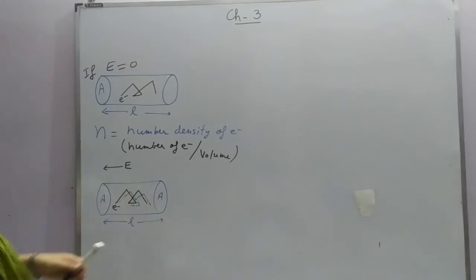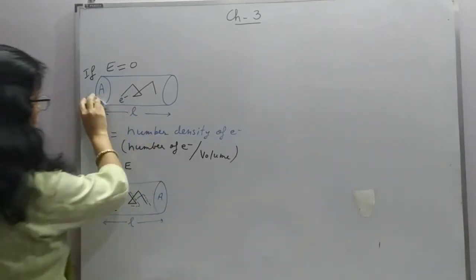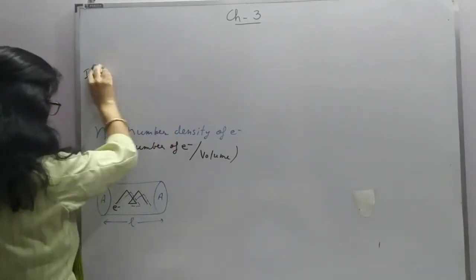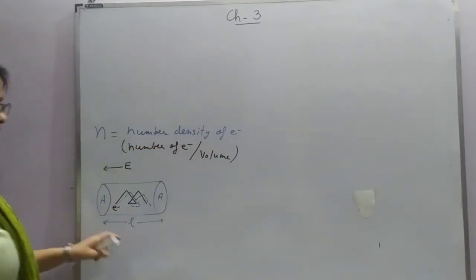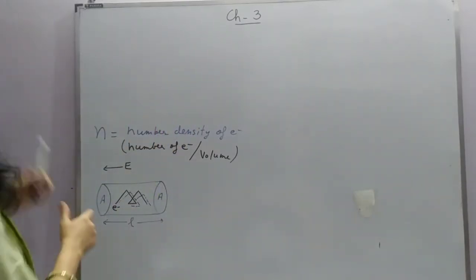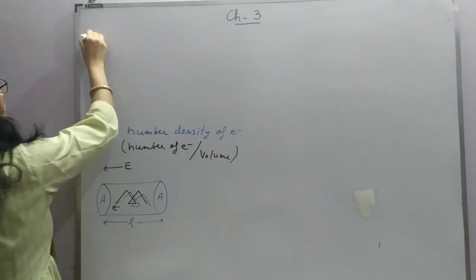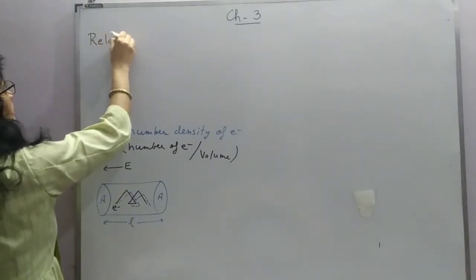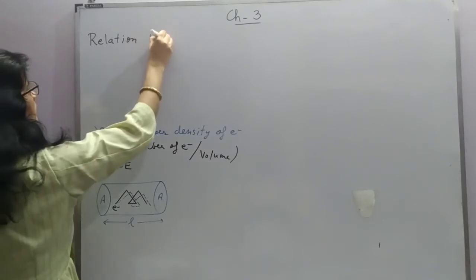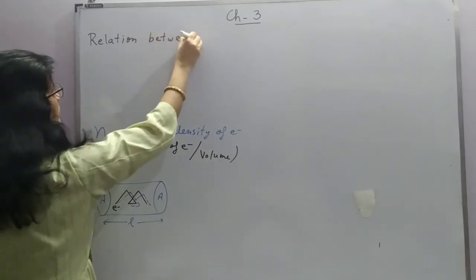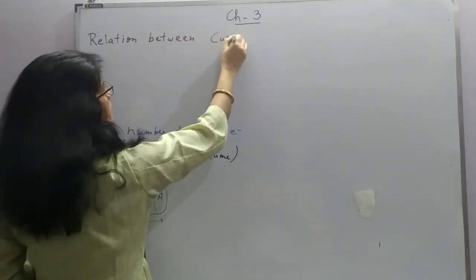I'll need this diagram with the presence of electric field. I'm not rubbing this. I'm simply writing the heading, relation between drift velocity and current.